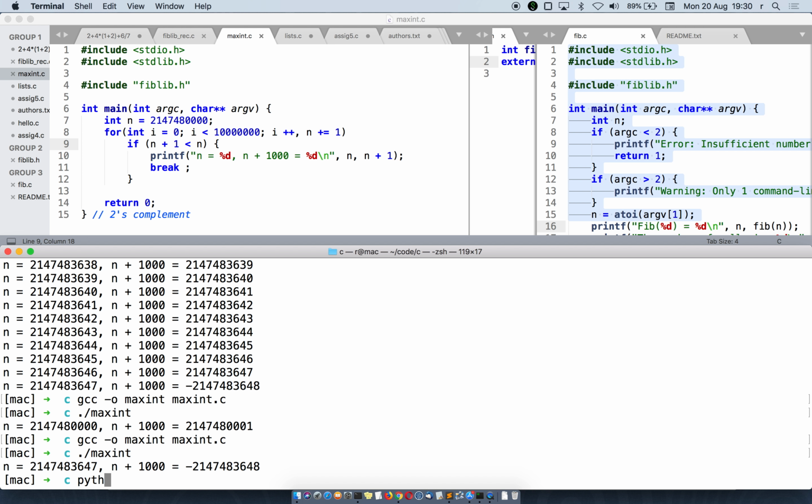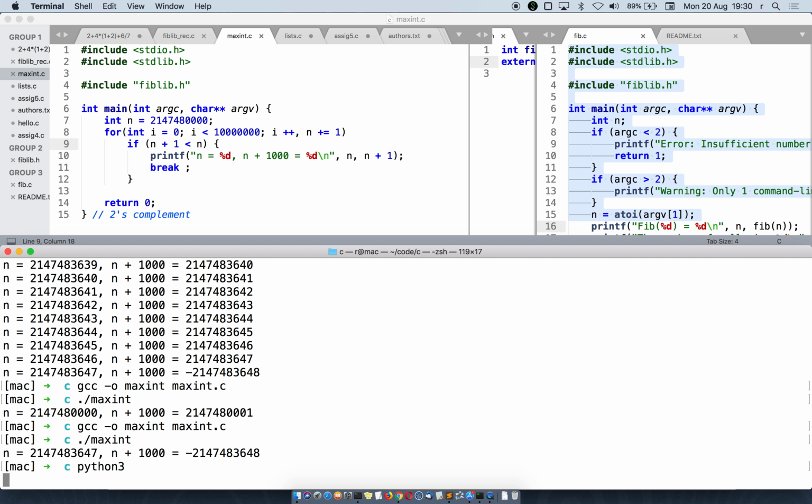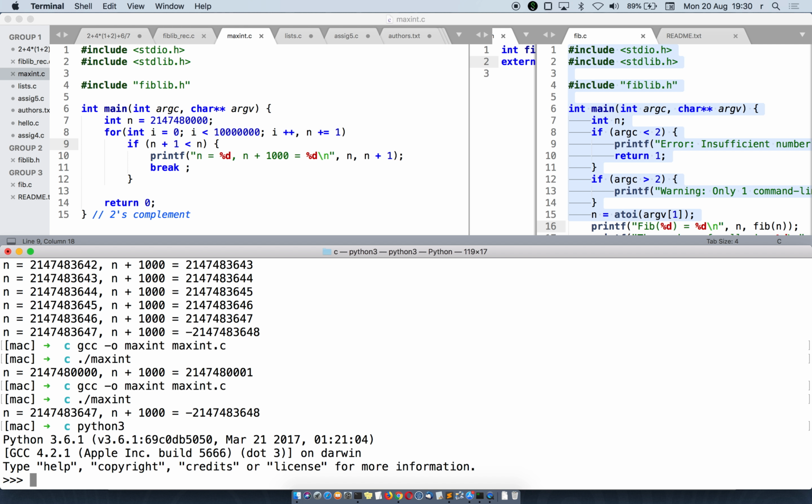I'm going to go in Python 3. What's nice about the Python numbers? We have infinite precision, right? Very good. At the expense of, as the numbers grow larger and larger, the time for each operation grows larger and larger. But it's a very nice feature.